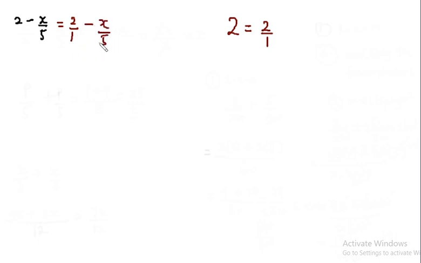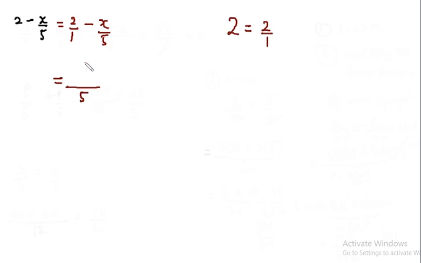The next thing is to look at our denominators. So how do we bring them together? How do we simplify this denominator? We can use the LCM or we can just multiply it straight up. So we can say 5 times 1, and our new denominator will be 5. The LCM of these two denominators is also 5.